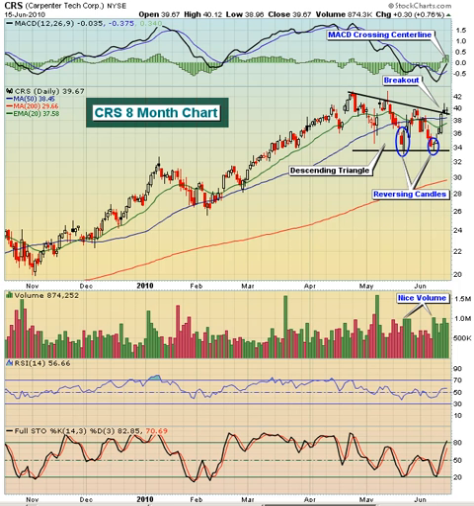Well, today we are featuring Carpenter Tech Corp. This is ticker symbol CRS. CRS is a $1.7 billion basic materials company. As you can see, at the end of 2009 and early 2010, CRS had a beautiful uptrend, rising from just under $26, actually close to $25 at the February low, to over $42 in late April.